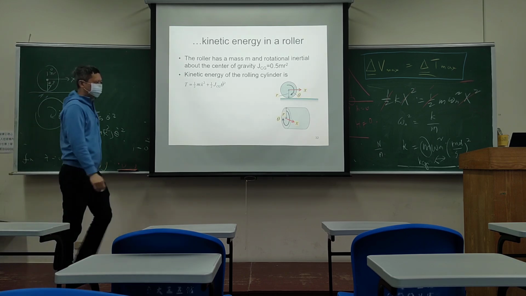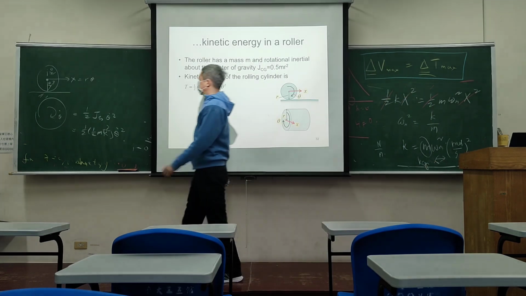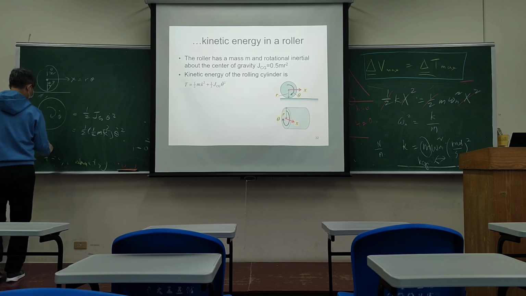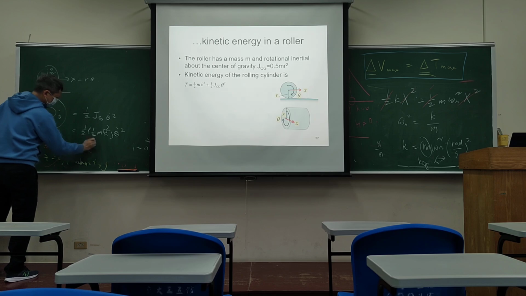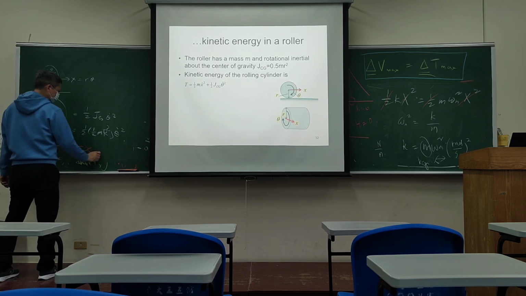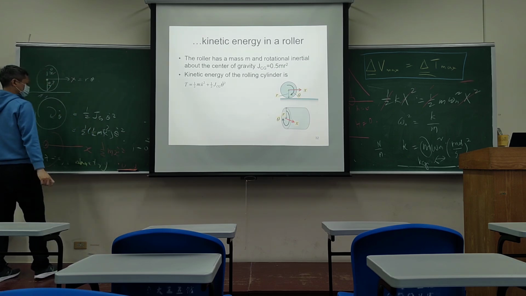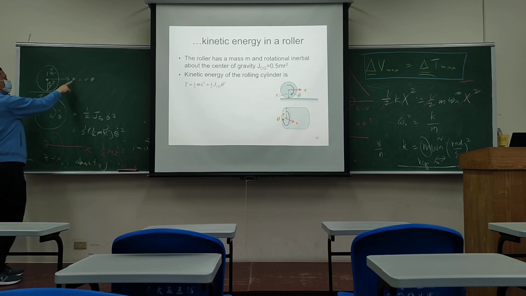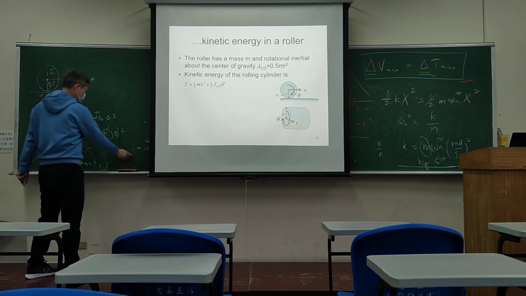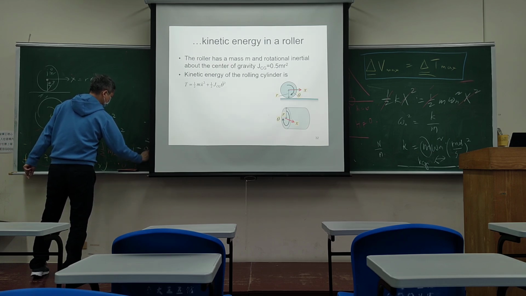But at the same time, if you now look at it as a point mass at the center, this is moving horizontally. Okay? Then there must be a kinetic energy half m x dot squared. Okay? And what is the x dot? x dot, x equal to r theta dot. So together, then you have half m r squared theta dot squared.